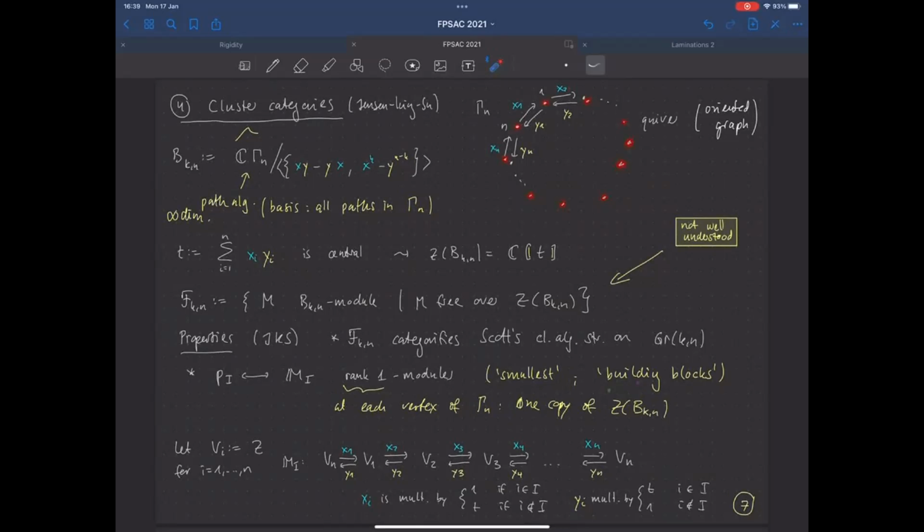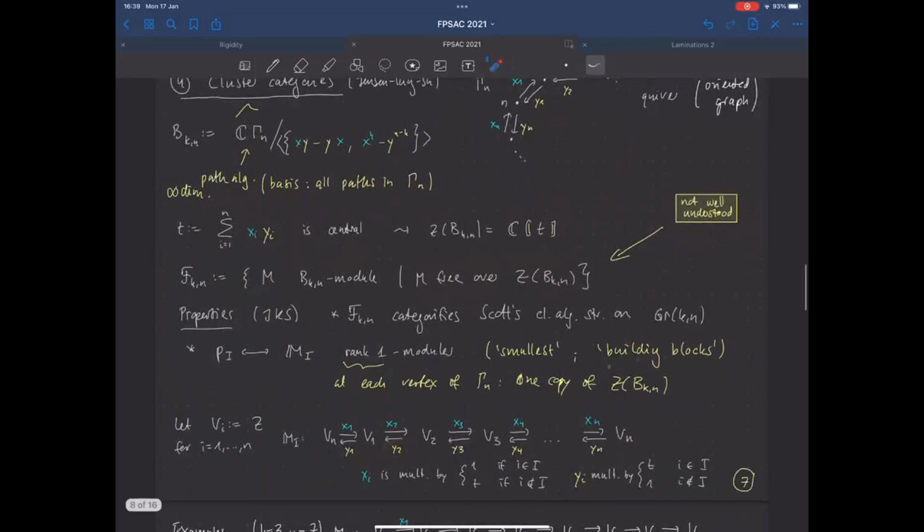Then I have to say how the x's and the y's act between them. For the minimal one, I just take 1 copy of the center at each of the vector spaces and call it V1, V2, V3 up to Vn. And then I have to say how x acts and y acts.